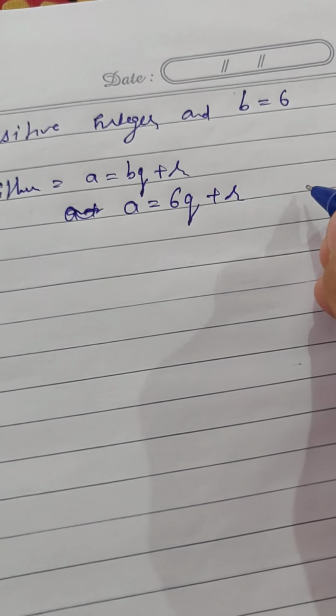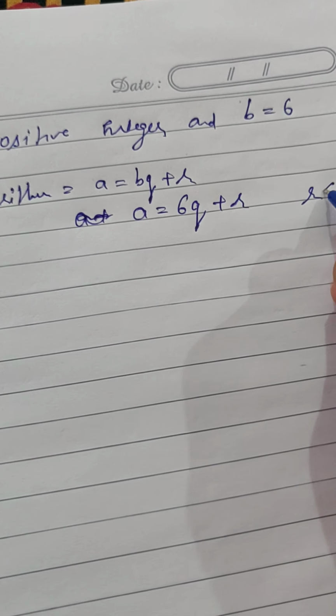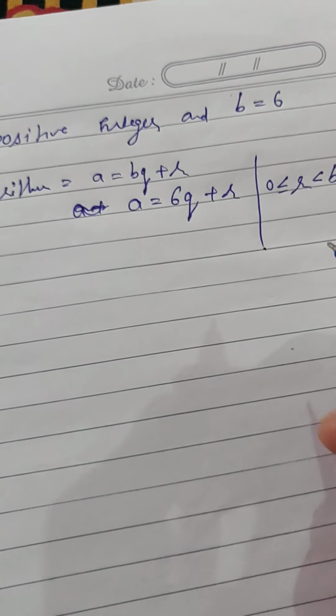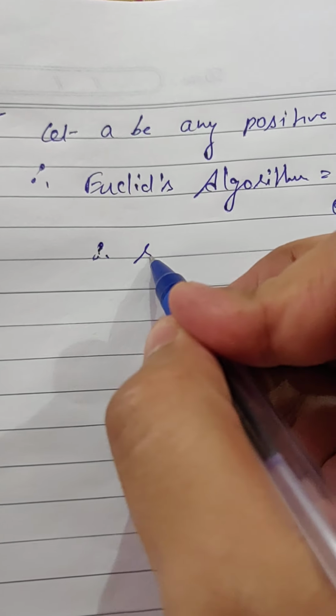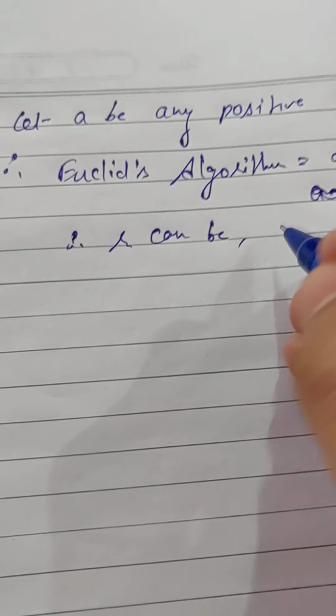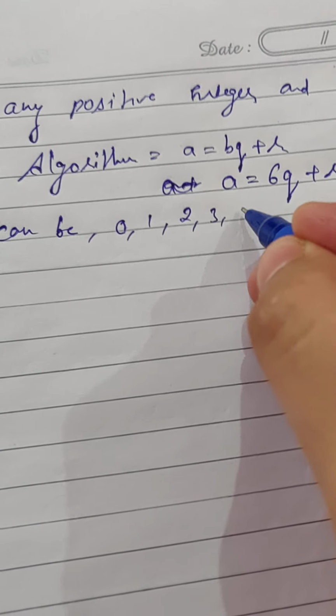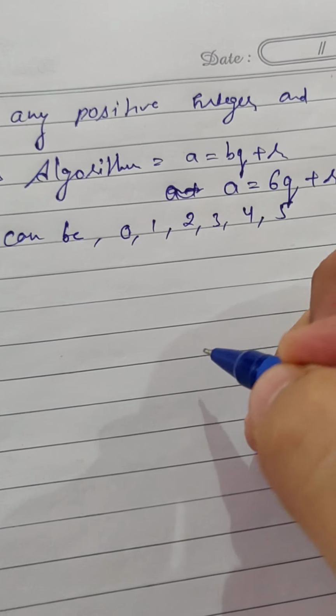As you know, this remainder is always less than b and greater than or equal to 0. So the possibilities of remainder are, therefore, r can be either 0, 1, 2, 3, 4 or 5.